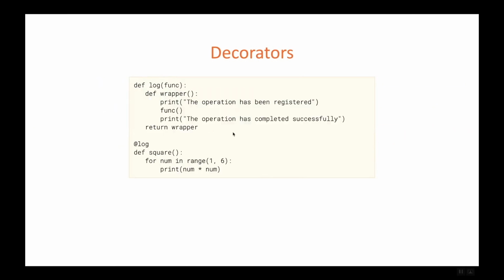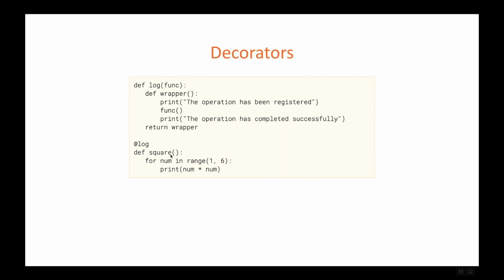Now what I would like to have is a decorator function that prints out some logs before and after the function. So I would create a function log that takes a function as a parameter. I would define a wrapper inside my log function. Inside this wrapper, I have the functionality that I want, so I modify the original functionality in the way that I want, and then I return this wrapper.